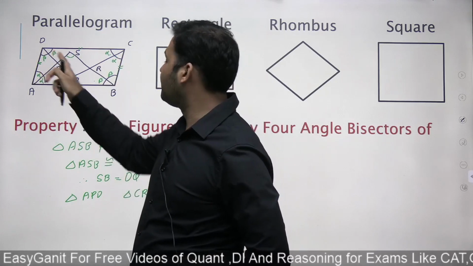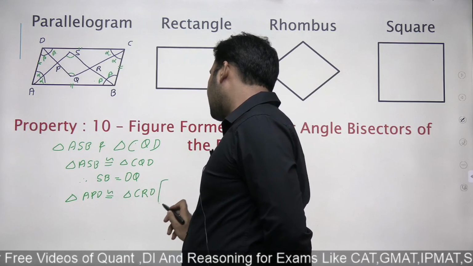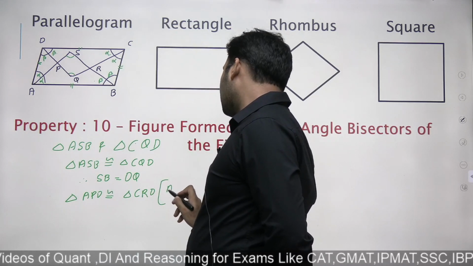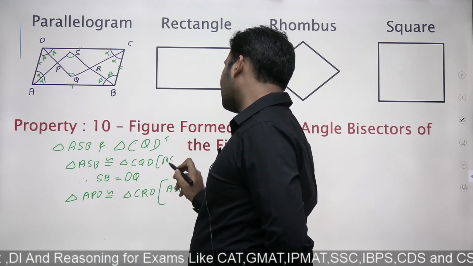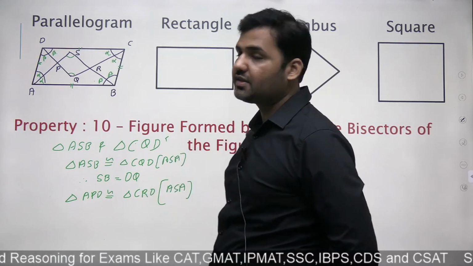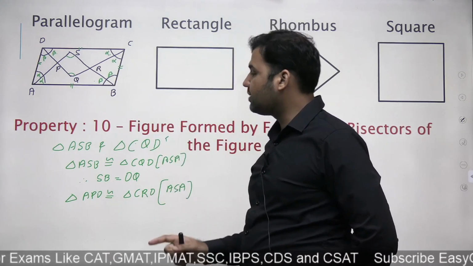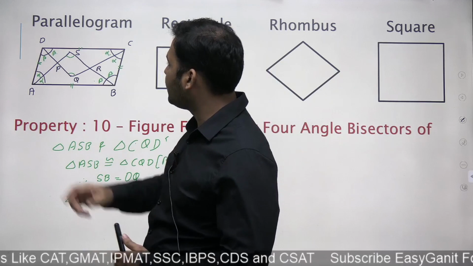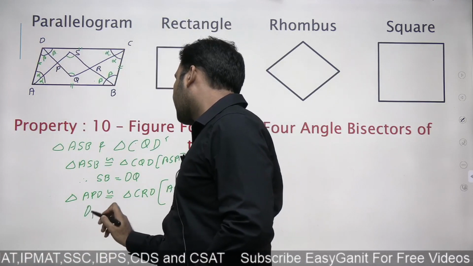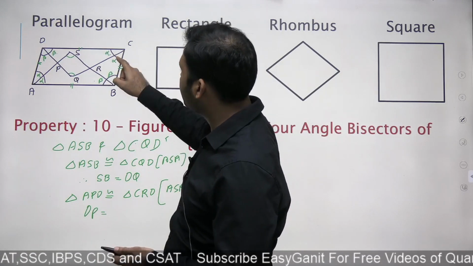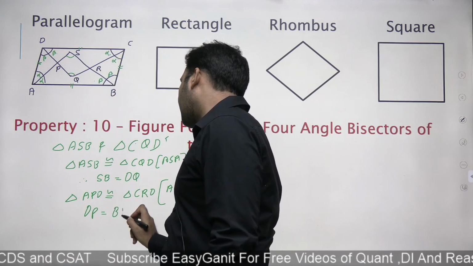That means both of these two triangles are also congruent with the property of angle side angle. Two angles and one side are the same. In this case also we have proved that two angles and one side are the same. So this triangle is also congruent. So can I say the side opposite to alpha, that means DP, will be the same as the side opposite to alpha in this triangle, which is BR? DP will be the same as BR.